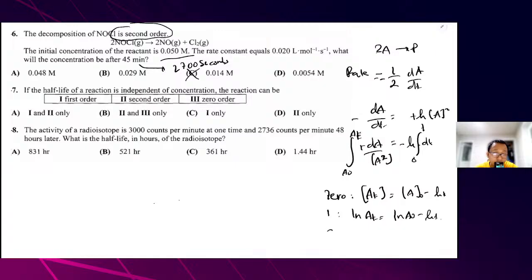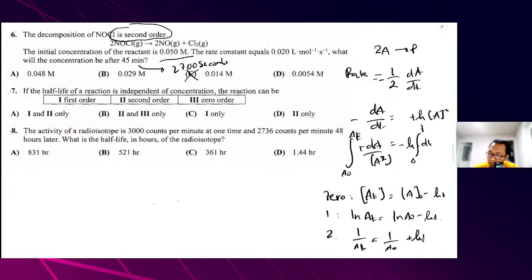Okay, for the second order, we will have 1/at equal 1/a0 plus kt. Just remember these equations, you will be fine. Okay, good.